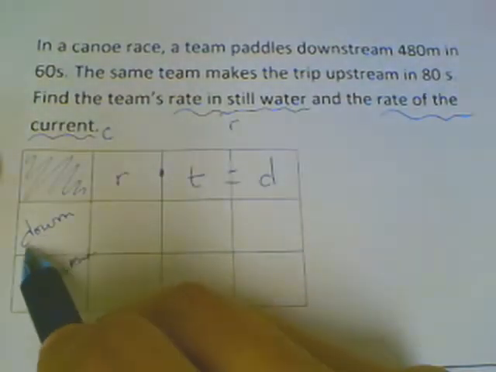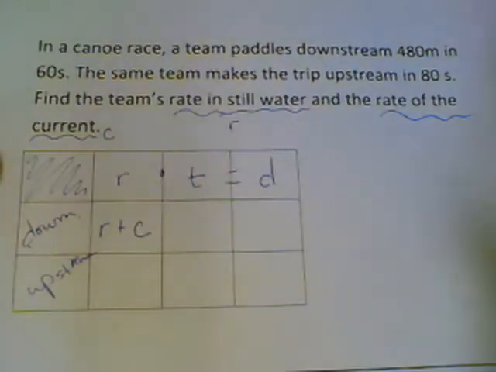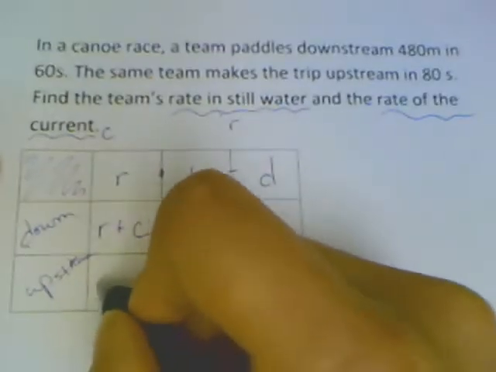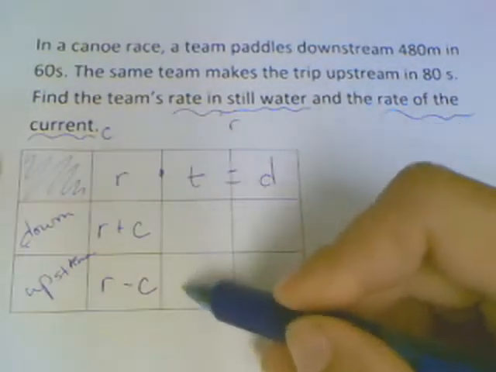Rate is what we're asking you to solve, so rate must be a variable. Now our rate going downstream, we're going with the current, so it's going to be R plus C. We have two variables in here. It'll be okay. Upstream, R minus C.